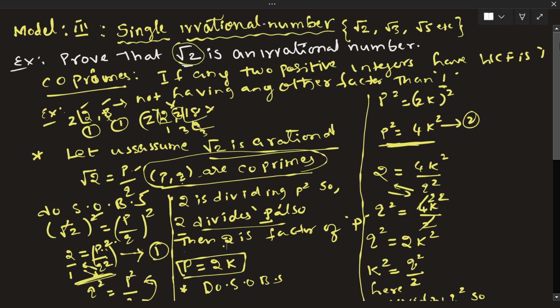Most probably we expect the first model, that is the difference of two irrational numbers, where we have to follow squaring on both sides, students. I hope you understood this concept, and I just explained one problem for each method or model. So I hope you practice many more questions to become strong in this concept.